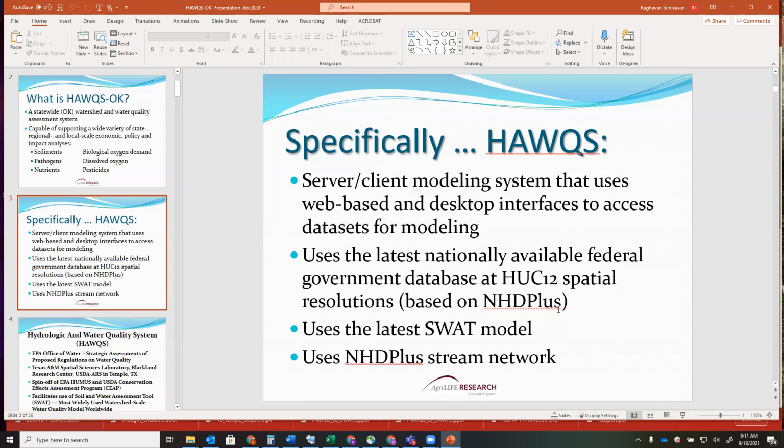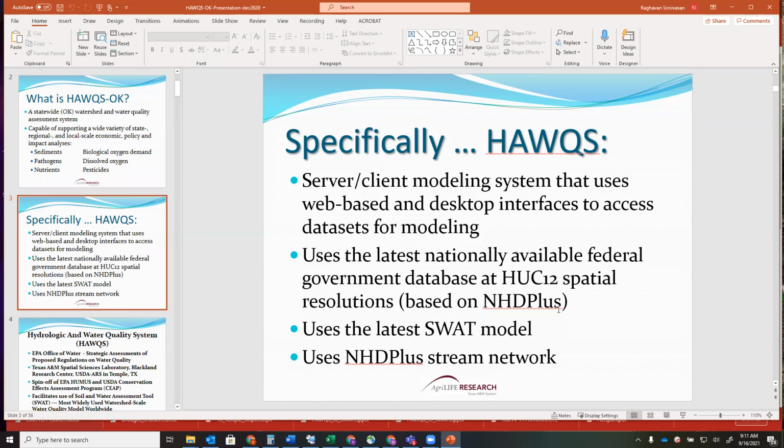It uses nationally available federal government databases for the most part. Most of them are public domain databases. Specifically for Oklahoma, we not only provided the HUC-12 spatial resolution data set, we also developed a HUC-14, which subdivides the HUC-12. In the HUC-14, the average size of a sub-watershed is 20 square kilometers, or roughly 8 square miles.